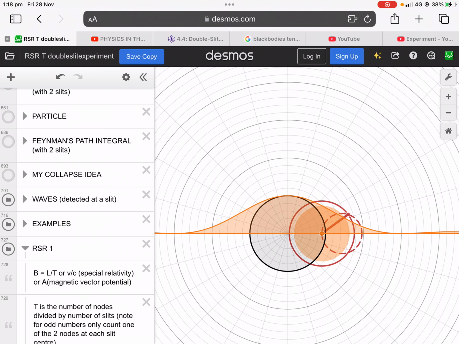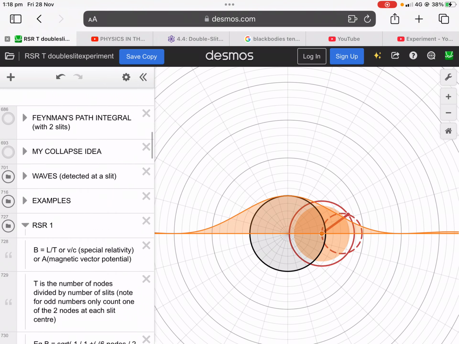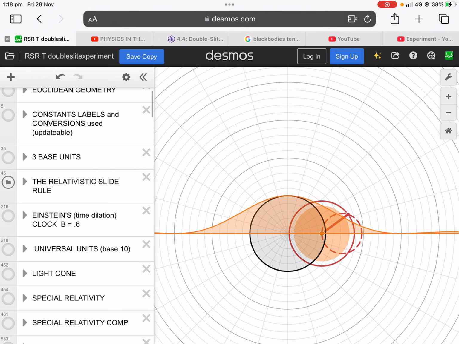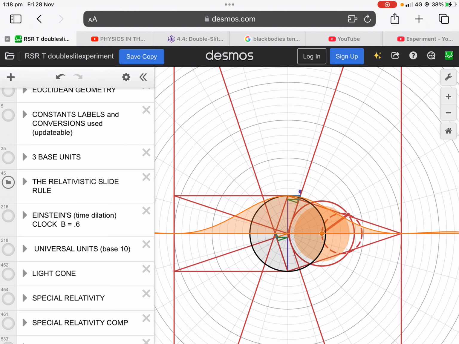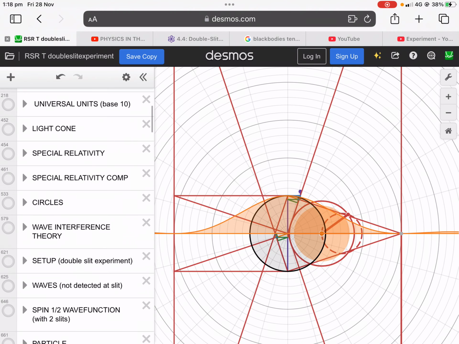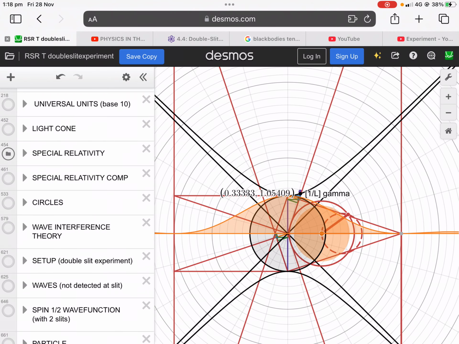And so there's the relativistic slide rule, which this is all based on, and that's Einstein's special relativity. He came out with gamma, and then I completed that by putting in the rest of it. So it looks like he missed a few.